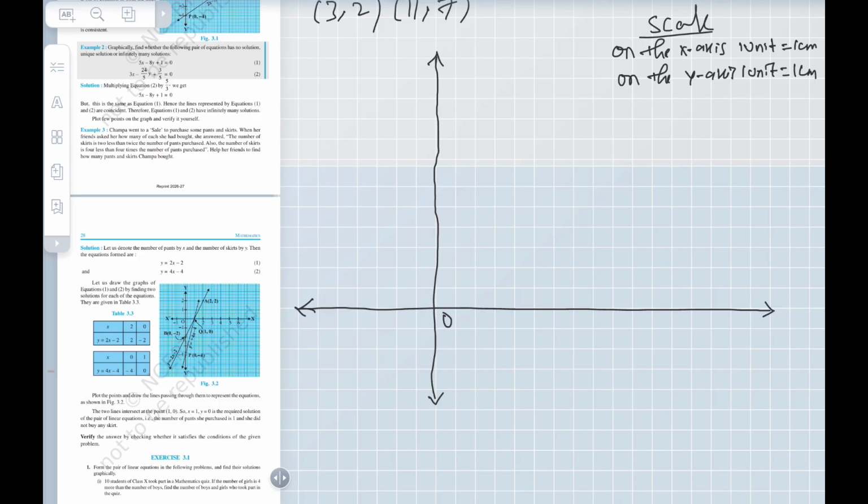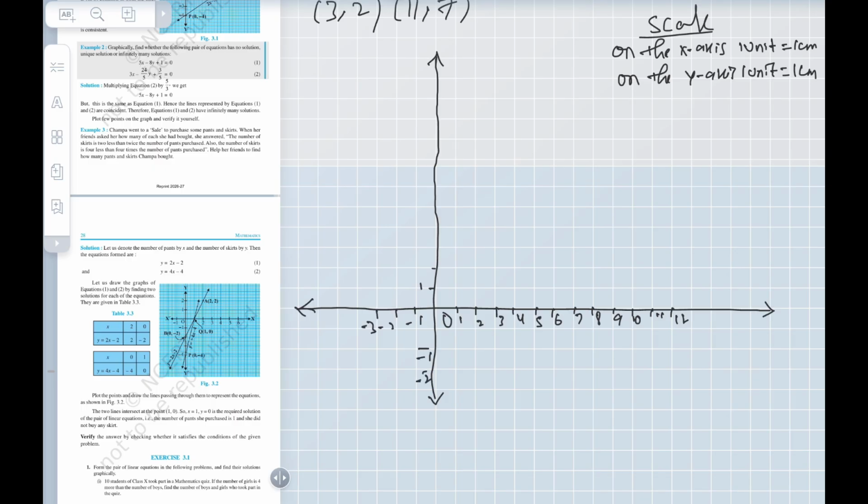So now let us plot the points nicely. 1, 2, 3, 4, 5, 6, 7, 8, 9, 10, 11, 12. There is no minus, that's why we did not give much space here.